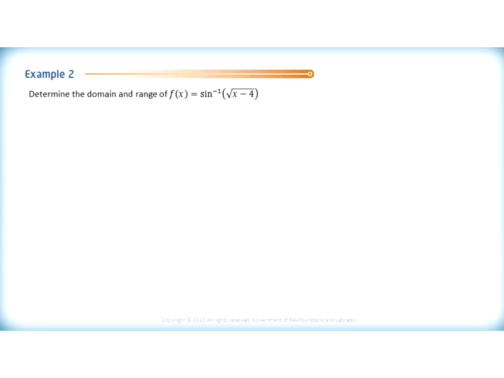For this one, it says determine the domain and range. This is not going to be so bad. So again, the range, since we're talking about a principal value of an inverse sine function, is going to be bounded between negative pi over 2, less than or equal to y, which is less than or equal to pi over 2.